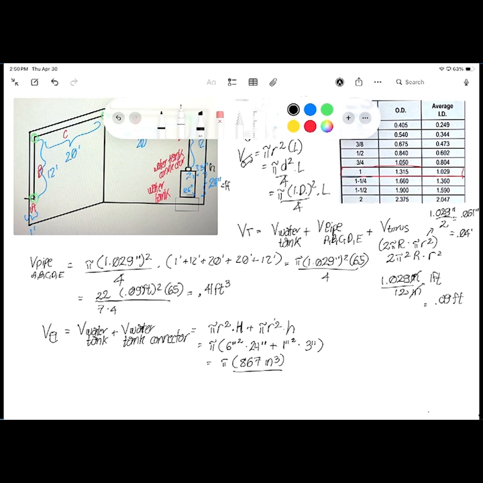So we divide that by 12 times 12 times 12 inches cubed in order to get feet cubed. And that's equal to 1.58 feet cubed.